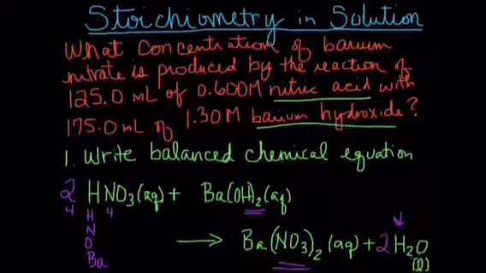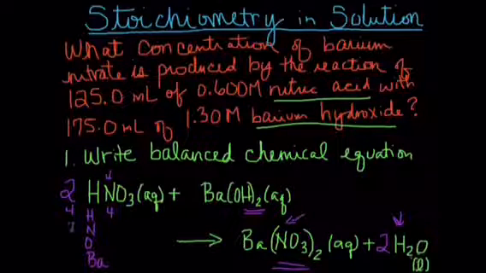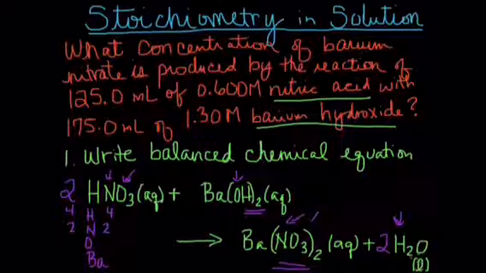Look at my nitrogens. I've got 2 on the left from over here, and I've got 2 on the right from right here. So 2 on the left, 2 on the right. That works out. And then I want to look at my oxygen. So I've got 6 oxygens on this compound, and I've got 2 over here.